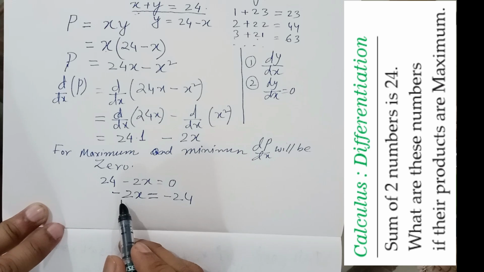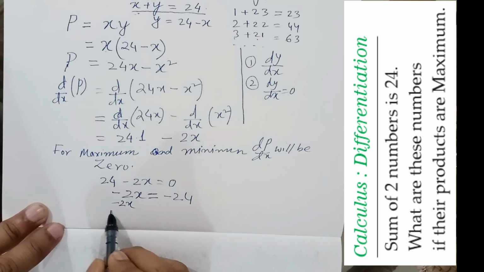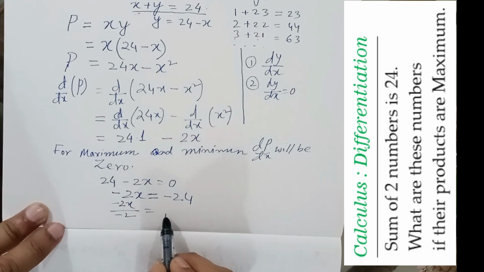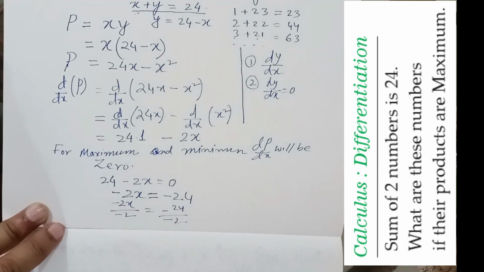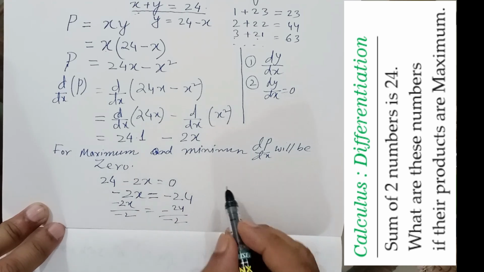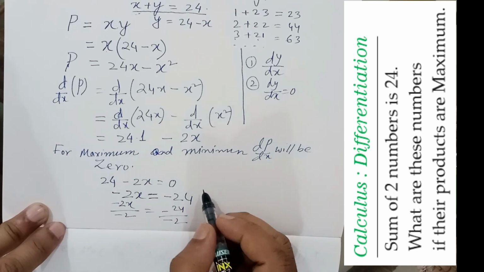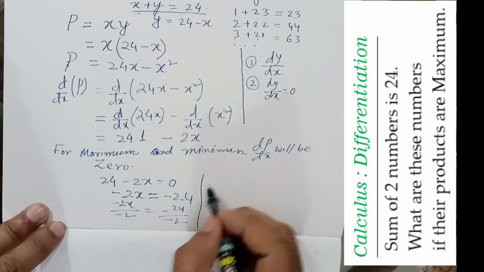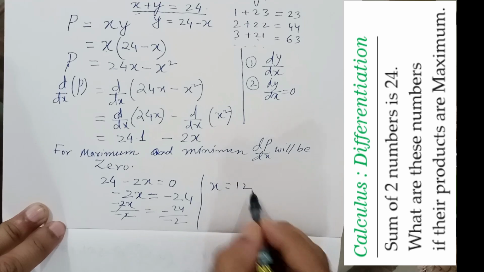So we will divide by minus 2 on both sides: minus 2x by minus 2, and minus 24 by minus 2. If you do this division, this gets cancelled and we get x equal to 12.